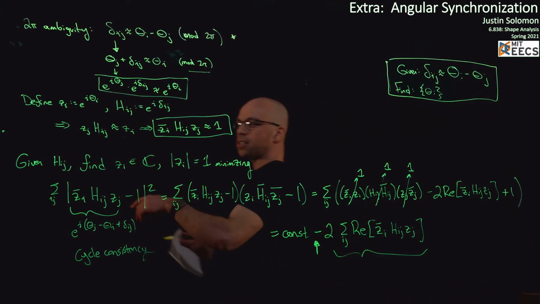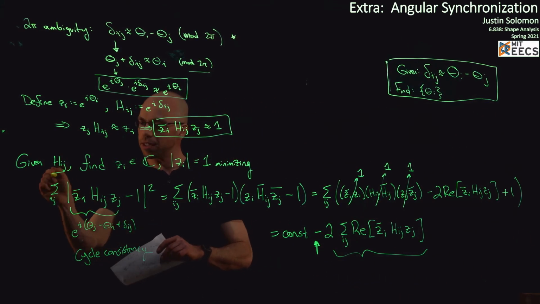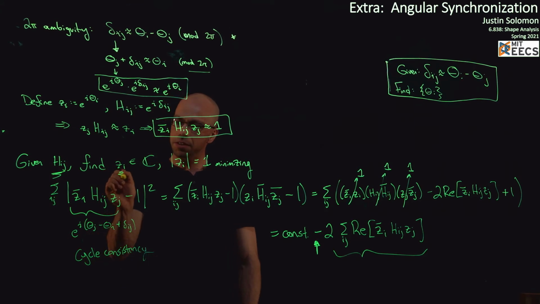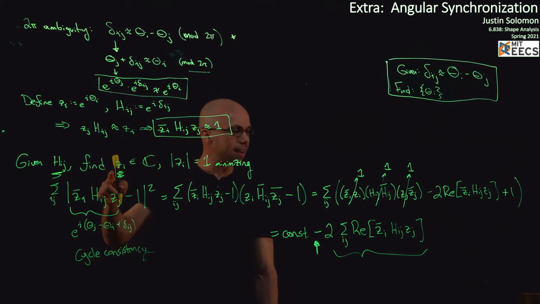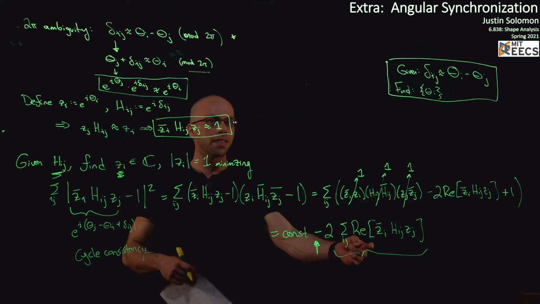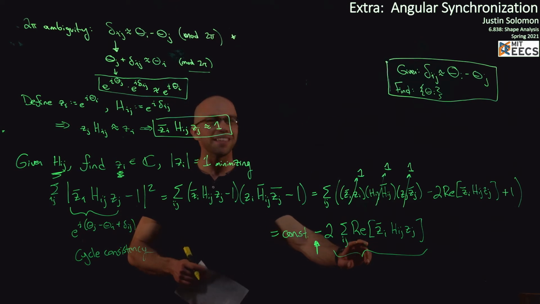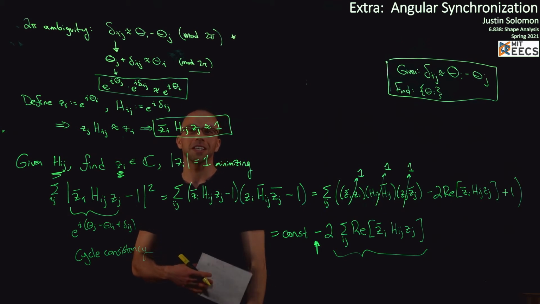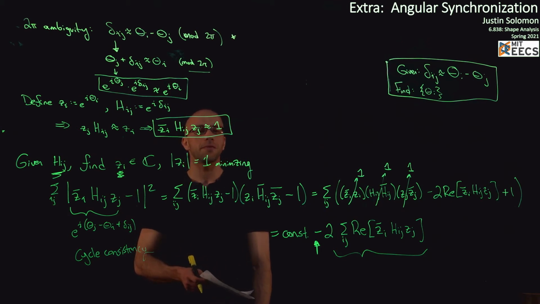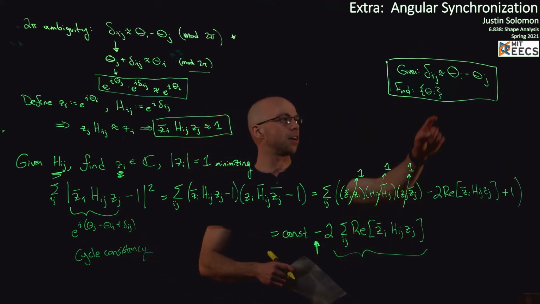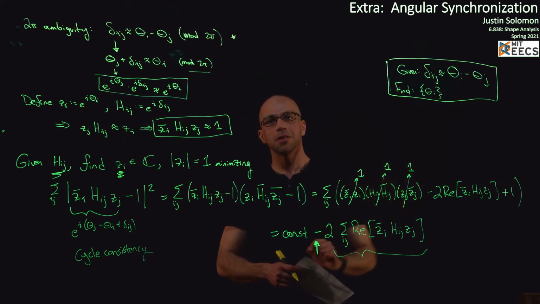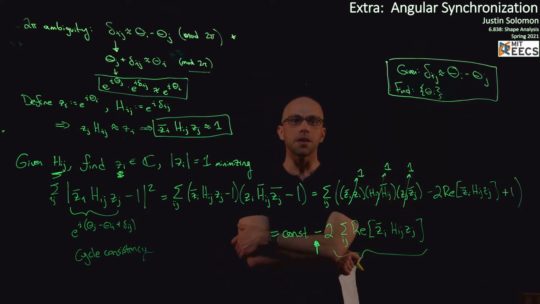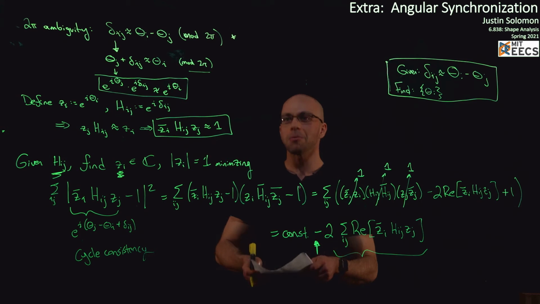We're given a bunch of unit complex values hij, and we'd like to find a bunch of unit complex values zi that maximize this expression, which thankfully we can see is real valued, so it makes sense to use it as an objective function. And that's really just a fancy encoding of our original problem all the way up here on the right. Okay, so let's actually write down this problem in more detail.